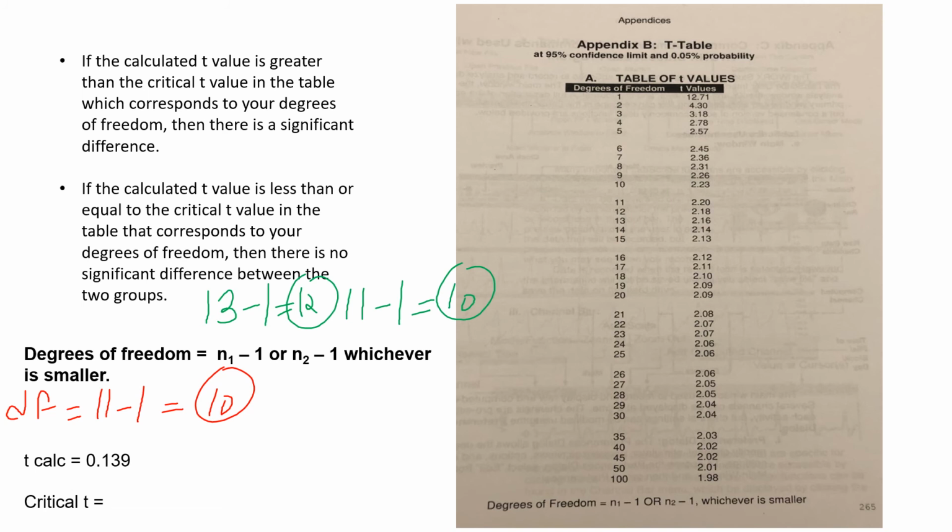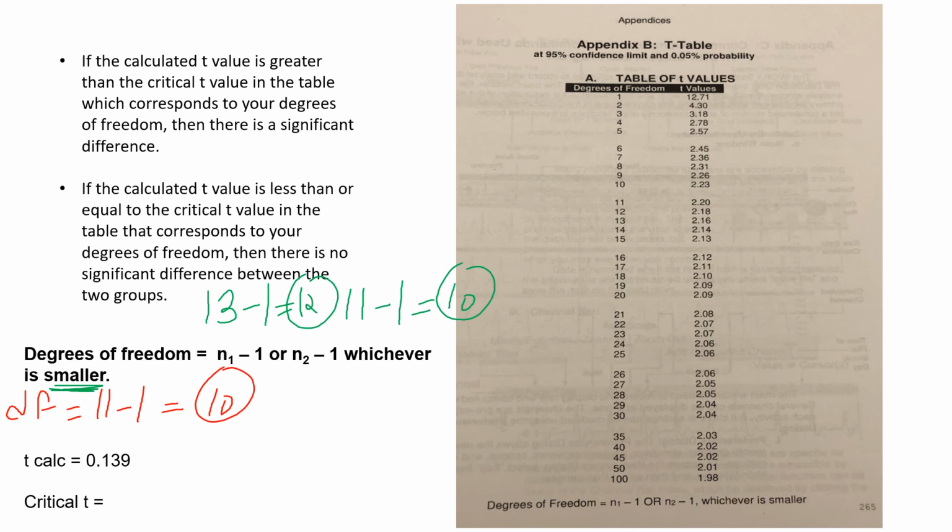So one more time, if your data points are not equal, so you have 13 data points for one group and 11 data points for another group, which one should I go with, 12 or 10? Just go with whichever is smaller. So in this case, you would still go with the 10 because it is smaller.